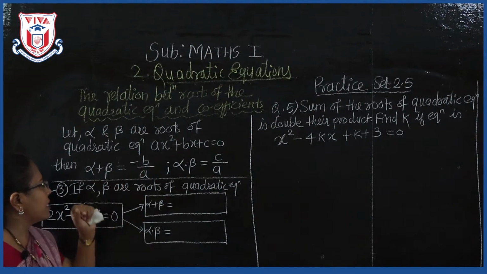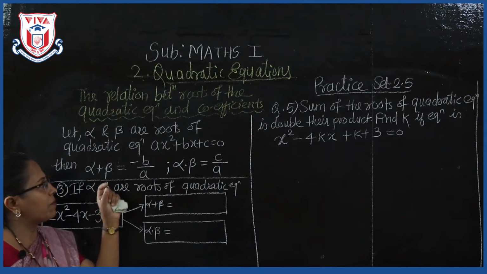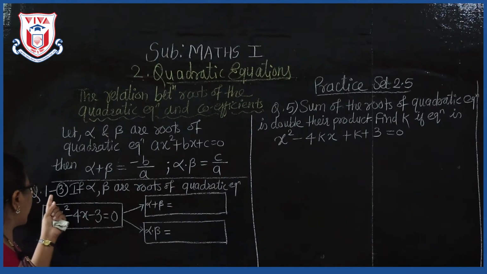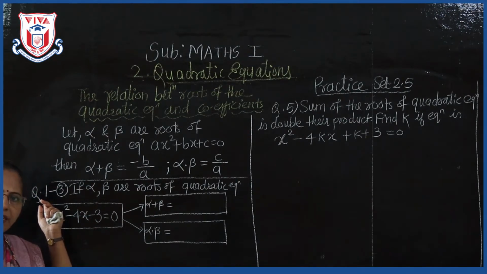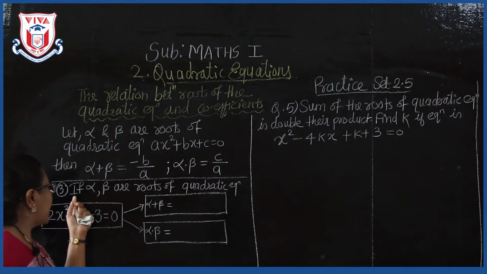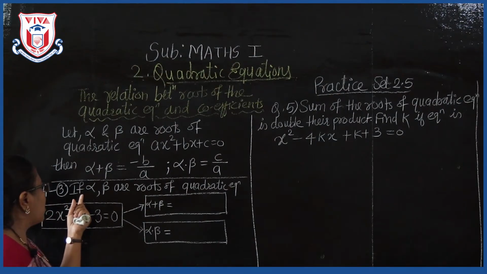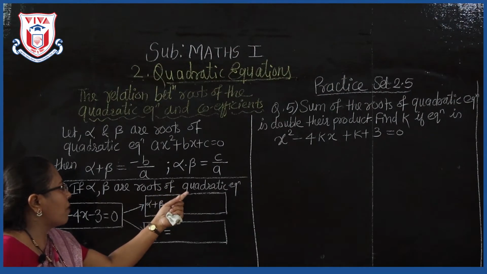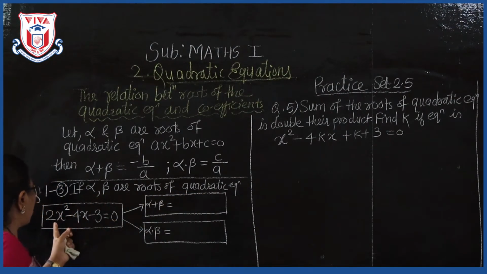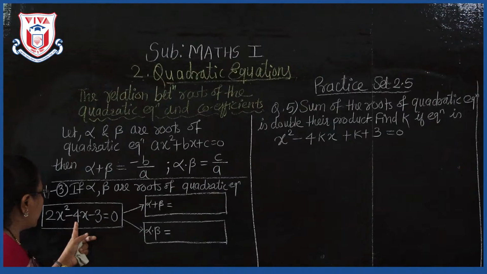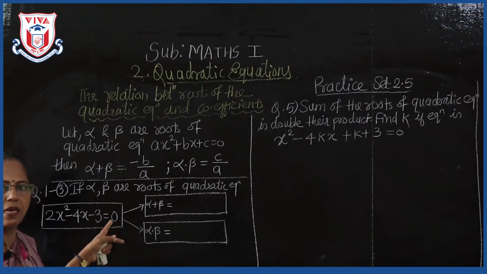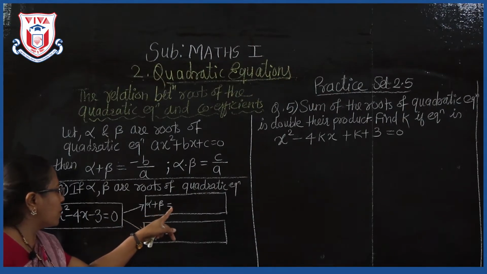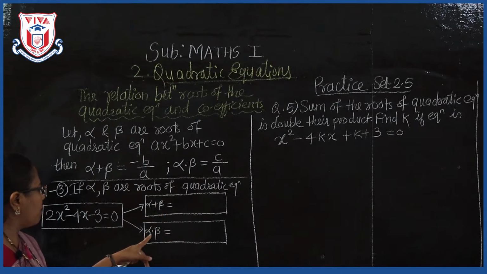Now using this, we will solve one example from practice set 2.5, question number 1, activity based question, the third question. If alpha and beta are roots of the quadratic equation 2x square minus 4x minus 3 equal to 0, then we have to find alpha plus beta and alpha into beta.